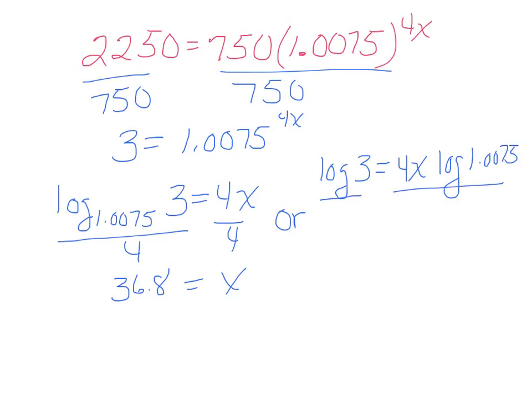Divide each side by 4 times log of 1.0075 to get the x by itself. So the 4 would cancel and then the log would cancel, so I do get the x by itself, and guess what? I would get 36.8 also.